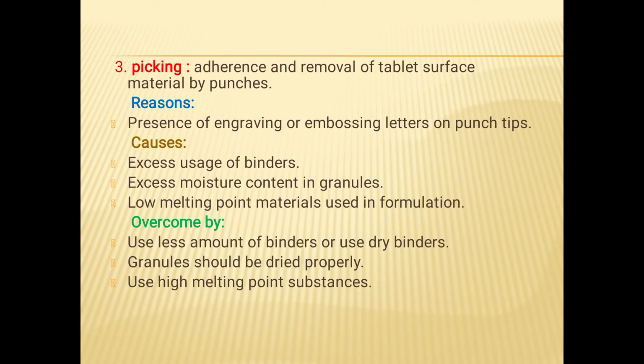Picking. Picking is the adherence and removal of tablet surface material by the punches. The reason for picking is the presence of engraving or embossing letters on punch tips. The causes are excess usage of binders, excess moisture content in the granules, and low melting point materials used in the formulation of the tablets.